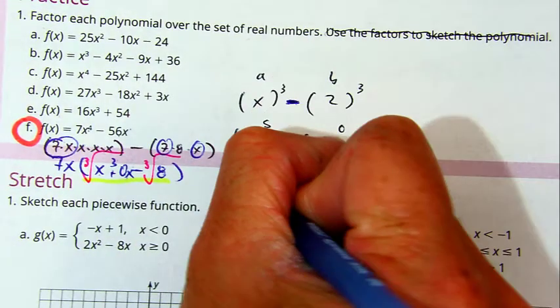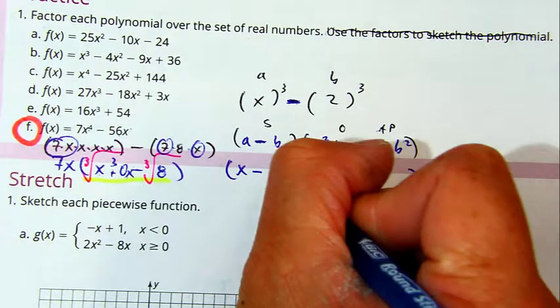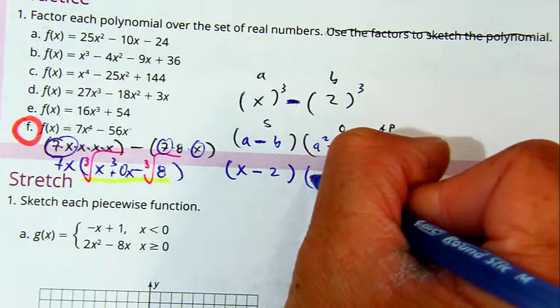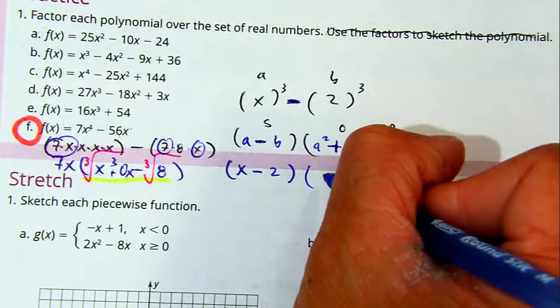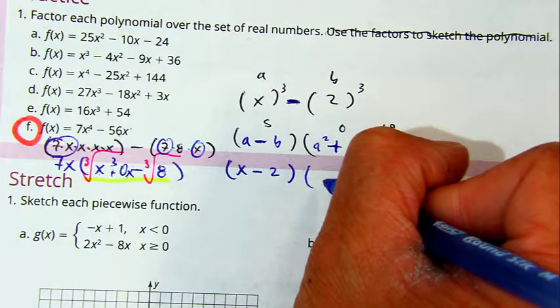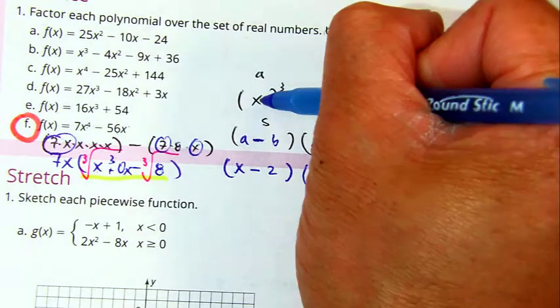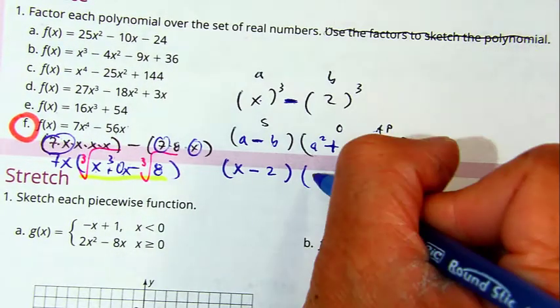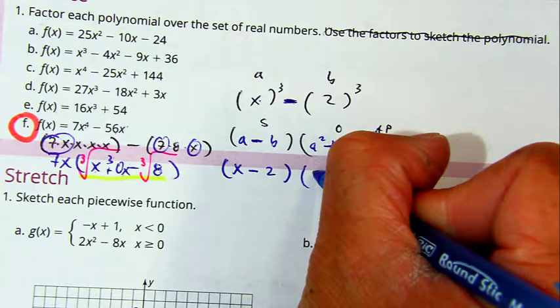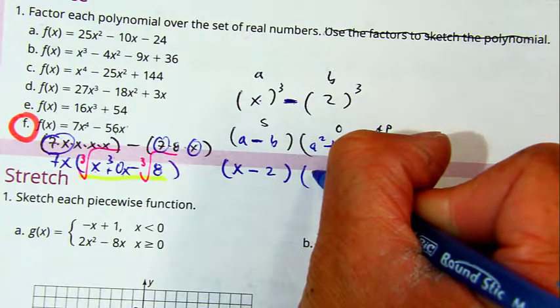B value? A squared. So what do I put there? If A is equal to X, and I put an X here, X squared is? Brianna?